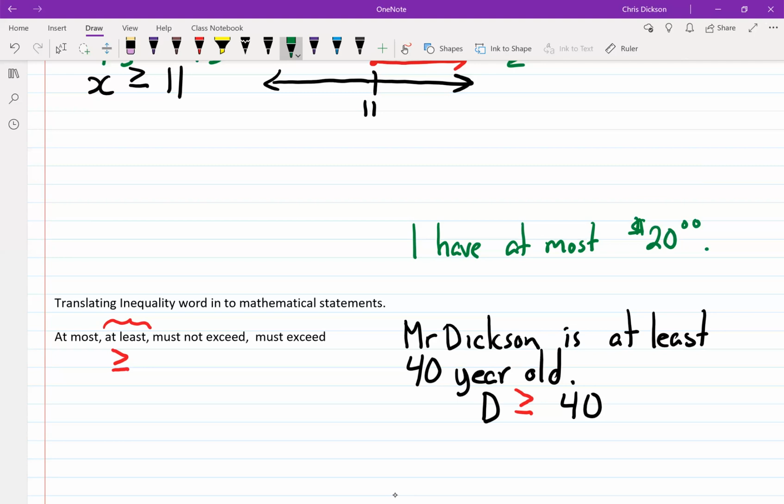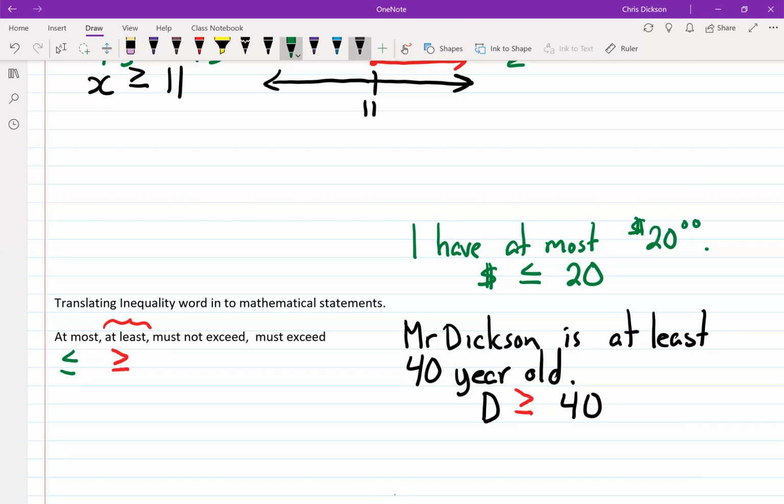Well, let's use the dollar sign here for money. That's how much money they have. So the amount of money they have is something to do with 20. So if they have at most that much, then they could have that much, but they could also have less than that amount. So we use the symbol less than or equal to.